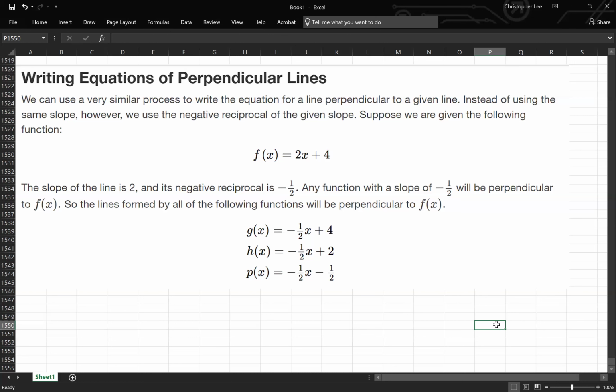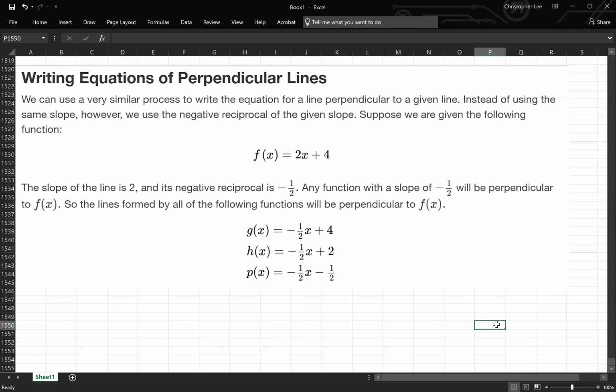So the lines formed by the following functions will be perpendicular to f of x. We have g of x equals negative 1 half x plus 4. h of x equals negative 1 half x plus 2. p of x equals negative 1 half x minus 1 over 2. They all have the negative reciprocal slope of the original function.